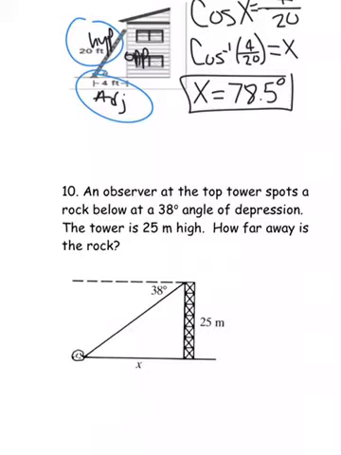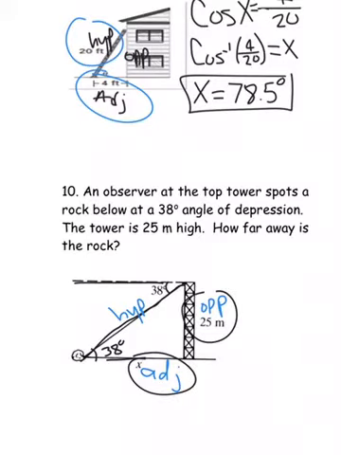Again, what I like to do in this situation is, considering the ground and the line of sight are parallel and the hypotenuse is like a transversal, I can put 38 over here because those are alternate interior angles. So from there, I have opposite, I have hypotenuse, I have adjacent, adjacent, opposite.